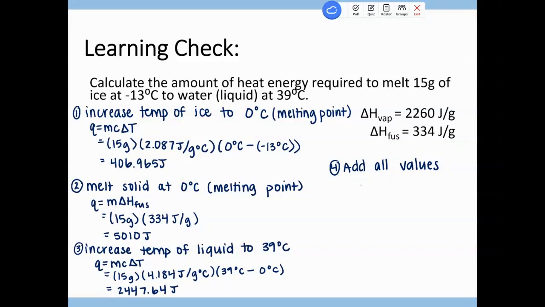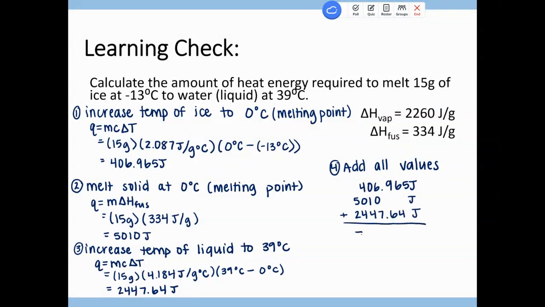But we're adding all values, so we have 406.965 joules plus 5,010 joules plus 2,447.64 joules.